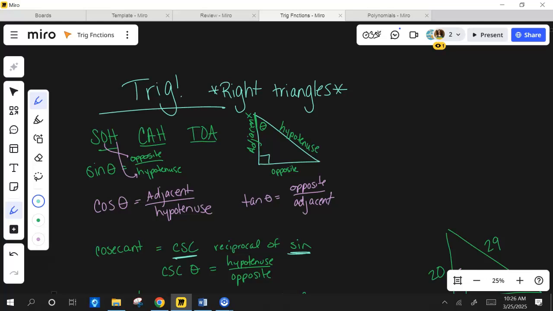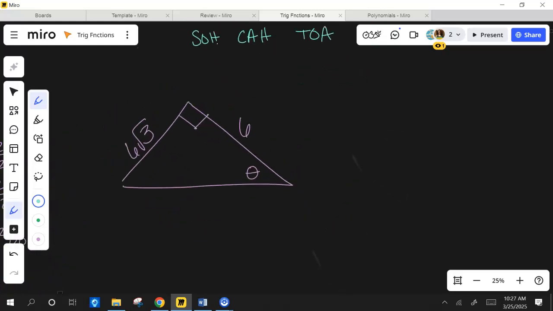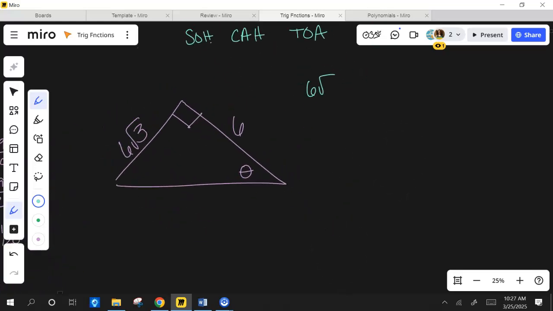So that'd be 36 times 3. Finding the hypotenuse? Yeah. All right, I'm going to get us through finding that hypotenuse on that triangle and then letting you set up the rest. Okay, so 6 square root of 3 squared plus 6 squared gives me my hypotenuse squared, yes? So this would be 36 times 3 plus 36.